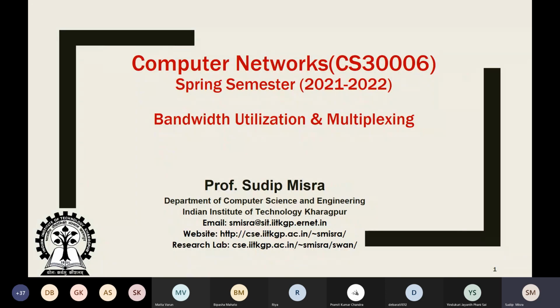So this is the topic for today. It's very important. So far we were talking about scenarios where two computers are connected through some link and they have some data, let us say digital data. The digital data will have to be encoded in the form of digital signals to be sent, or digital data can be encoded as analog signals.